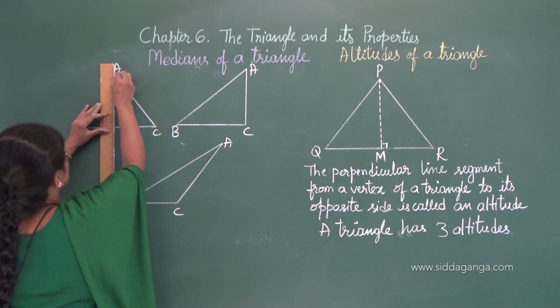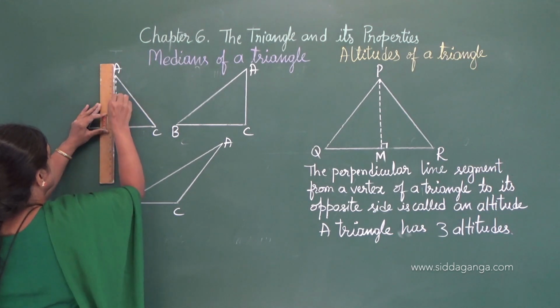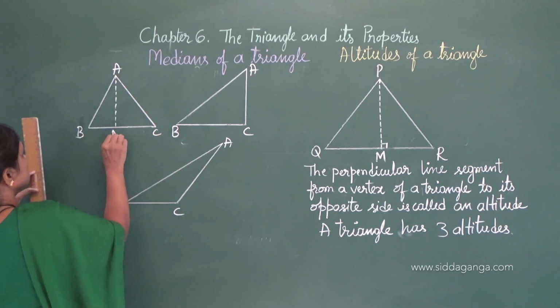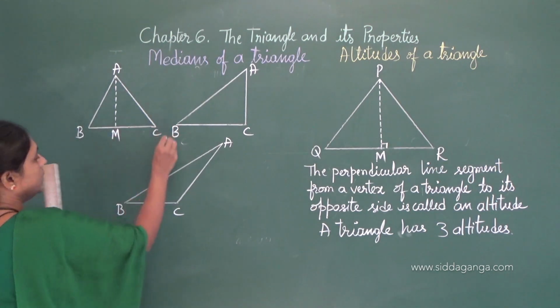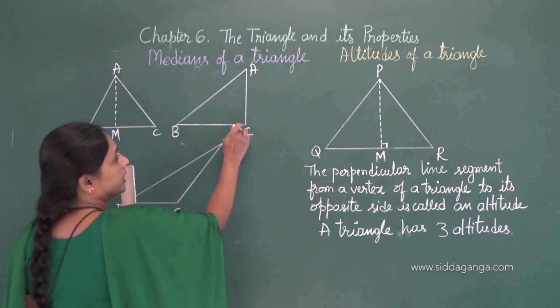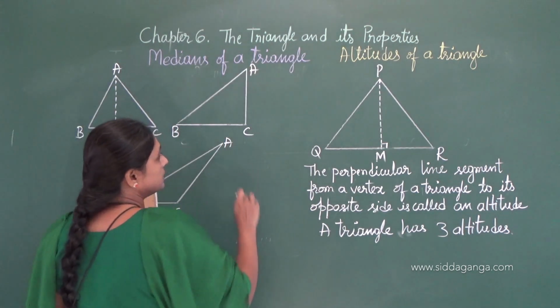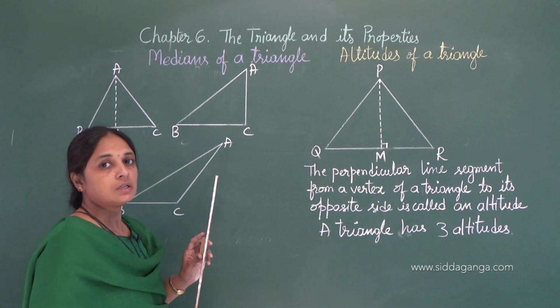If I take like this, I can draw the altitude for this as, consider this as M. AM is the altitude here, it should be perpendicular to the opposite side. Here, how can you write from A? Consider a perpendicular line to the opposite side.